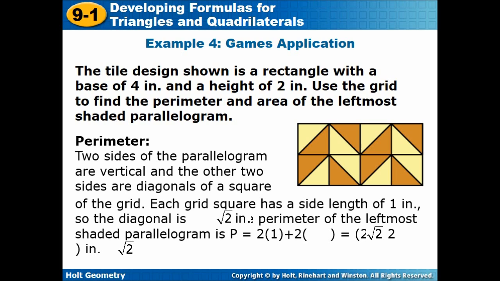And since you're given that information, then the diagonal is going to be the square root of 2 inches. The perimeter of the leftmost shaded parallelogram then is going to be P equals 2 times 1 plus 2 times the square root of 2 inches. Okay?